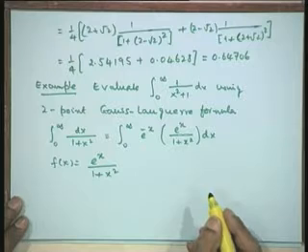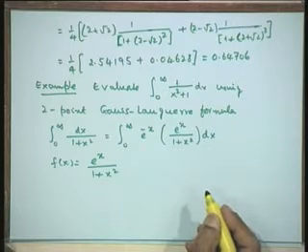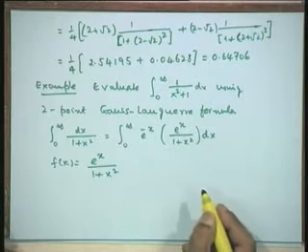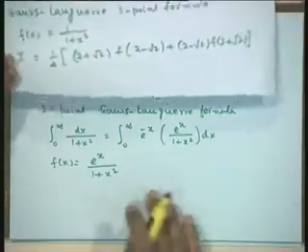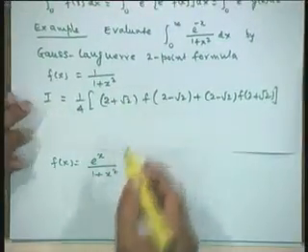Now we shall use f(x) as exponential x divided by 1 plus x square in the 2-point rule that we have derived earlier.